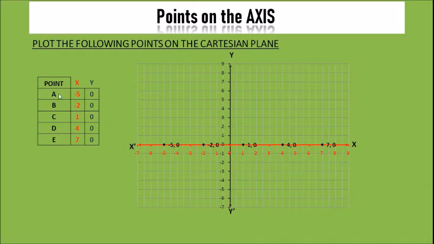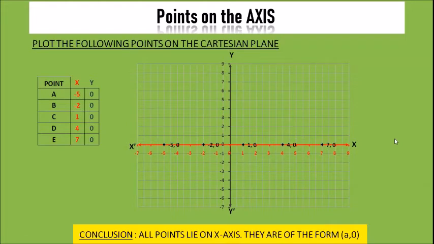So this is how it will appear. The point A, which is minus 5, 0, is right here. Point B, which is minus 2, 0, is here. Point C, which is 1, 0, is here. Point D, which is 4, 0, is here. And point E, which is 7, 0, is here.